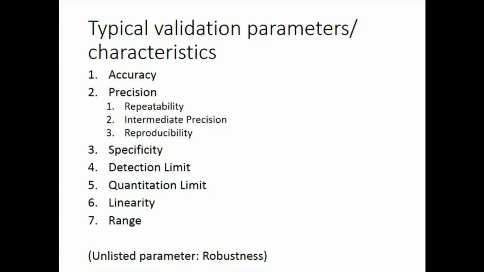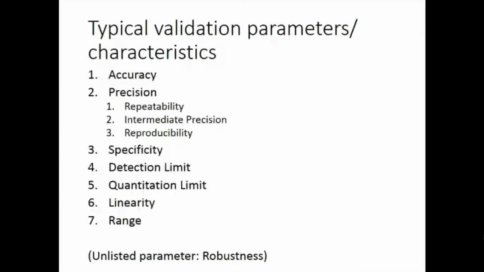The answer is not complete. Under precision, there are three types. First precision type is repeatability. Second, intermediate precision. Third, reproducibility. I will repeat. There are 7 listed parameters and 1 unlisted parameter. The listed parameters are accuracy, precision, specificity, detection limit, quantitation limit, linearity, and range.